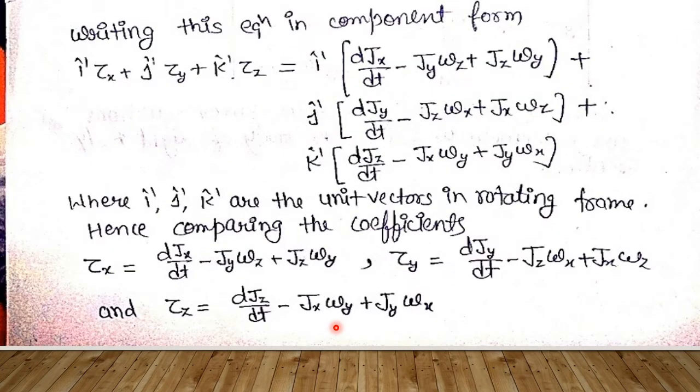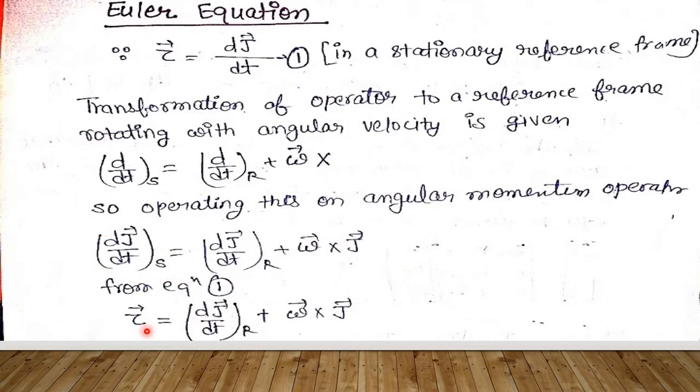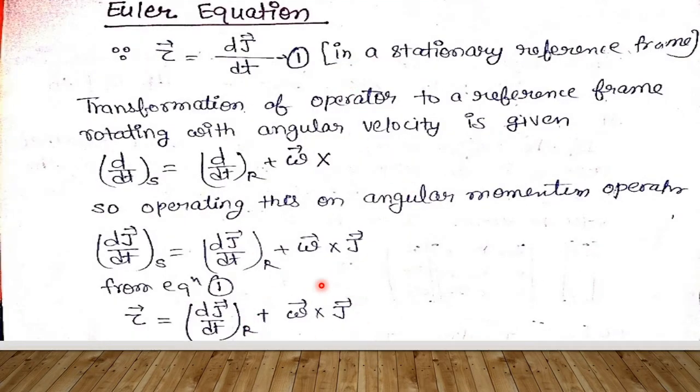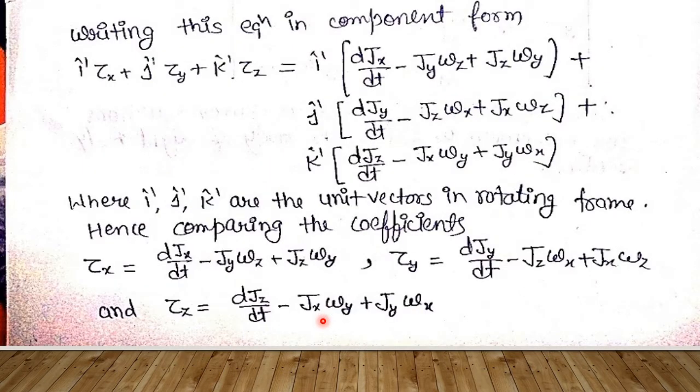Now writing this equation in component form, with components of tau and components of J, we will write i cap dash tau x plus j cap dash tau y plus k cap dash tau z, where these are the unit vectors in the rotating frame, equals the components obtained on multiplying the vector product omega cross J. The components of omega are omega x, omega y, omega z, and the components of J are Jx, Jy, Jz.